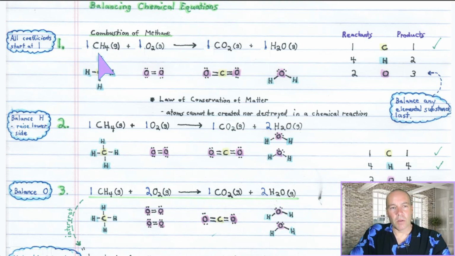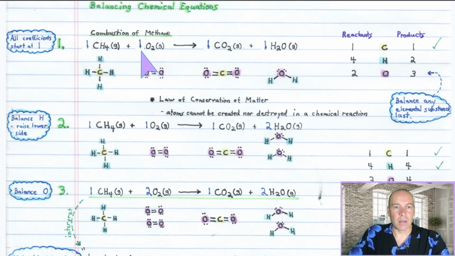So 1 molecule of methane and 1 molecule of oxygen, 1 molecule of CO2 and 1 molecule of water. How many carbons do we start with? On the left-hand side, there's only carbon over here, and there's only 1 atom in this molecule. So we have 1 carbon atom on the left.